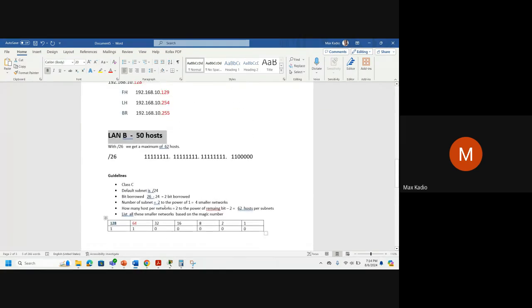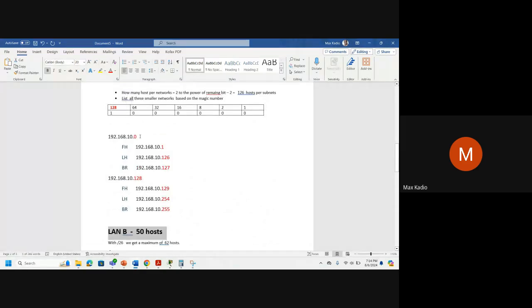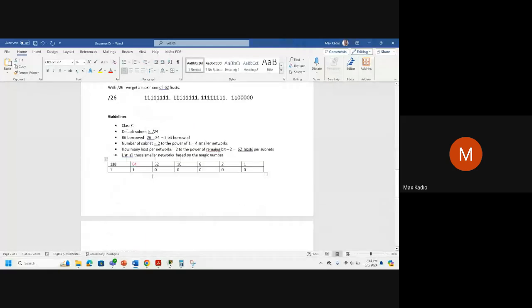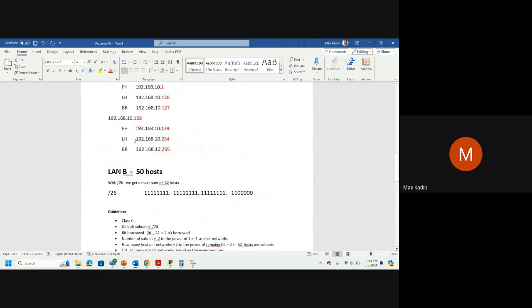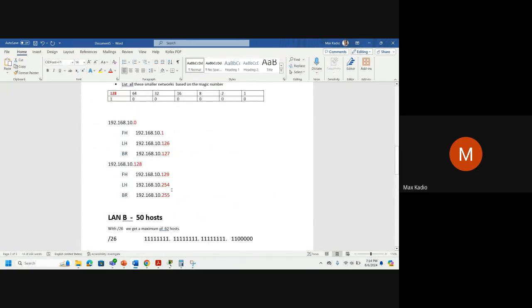Okay, so here we can see that this is 10.0 and the second one starts with 128. So to avoid overlapping, it seems like this one is fine, there is no problem, but we might have conflict of IP addresses because everything on top here seems to be covered by network 0 and network 128.